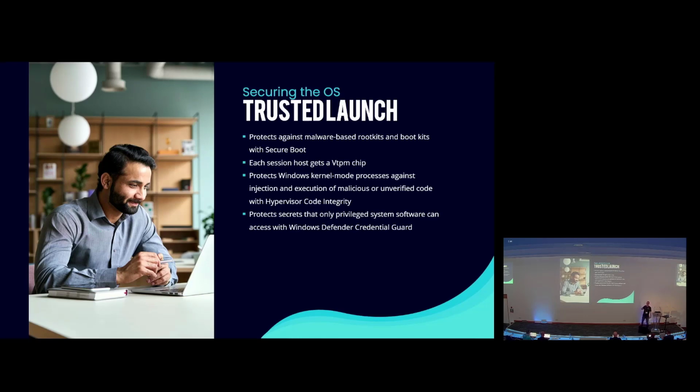You have to create the image as a Gen 2 machine, and then configure trusted launch to enable it. But again, zero extra cost, right? It doesn't cost you anything, and it gives you an extra level of security. So if a hacker tries to use rootkits or something, they can't, because the operating system is protected at the kernel level. It makes it a lot harder to hack into the image.